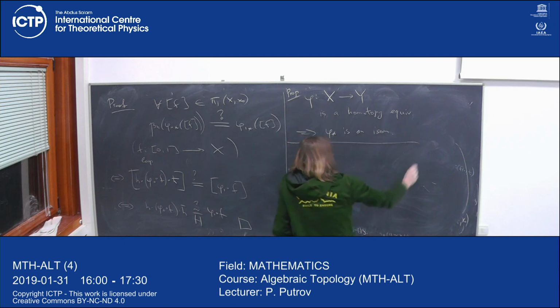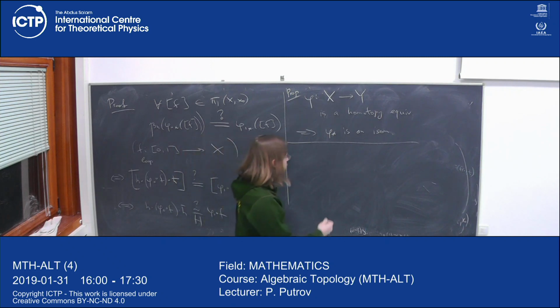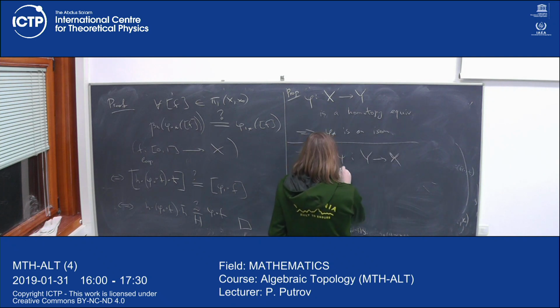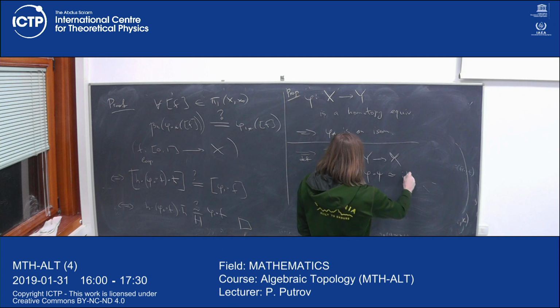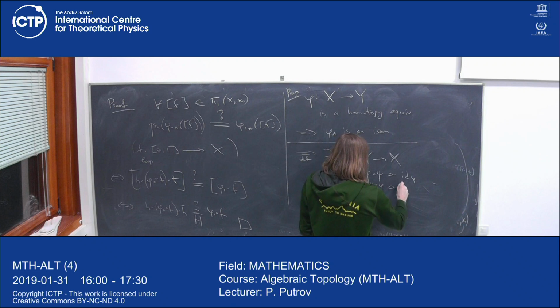We already had this statement in a particular case when phi is a deformation retract, which is a particular example of homotopy equivalence. But this is actually true in general. So how does it work? By definition of homotopy equivalence, there exists a continuous map psi from Y to X such that the composition of phi and psi is homotopic to the identity on Y, and the composition of psi and phi is homotopic to the identity on X.